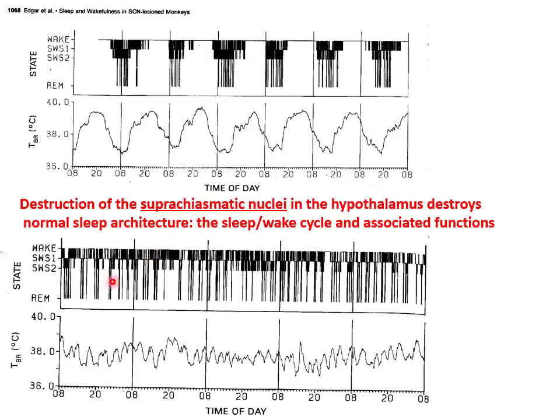So for those functions that are linked, we now see that wakefulness and sleep are intermixed throughout the day, and body temperature and all of those other functions we identified are intermixed throughout the day, so you no longer have a diurnal, circadian cycle. That circadian cycle is dependent on the suprachiasmatic nuclei, which get strong input from the visual system.